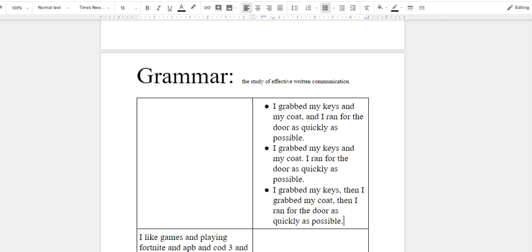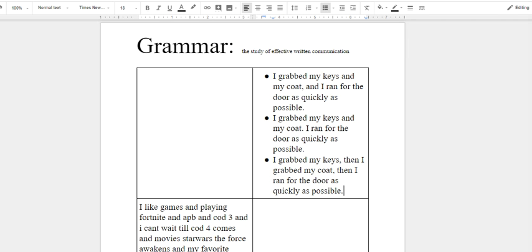So a certain type of conjunction tells you about time, okay? The order that something happened in. And that's what the word "then" is. It is a conjunction. It tells you that you did this first, and then you did this, and then you did that. So that's the third way that you could fix this one.